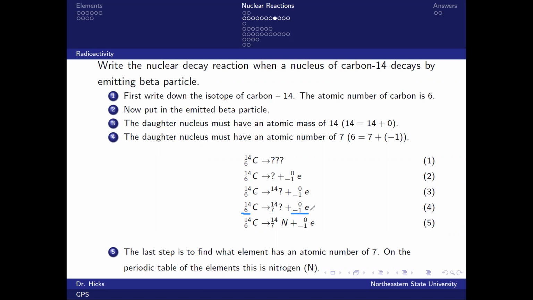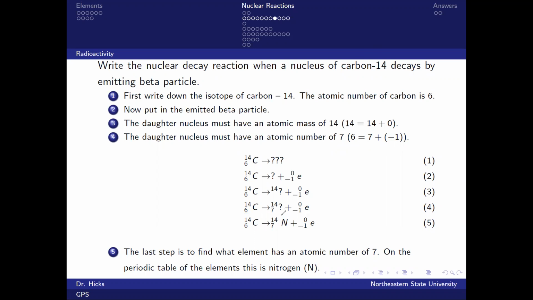So what do I have to add to the -1 to get 6? 7. This is kind of the weird step with the beta decay, that I have this -1 for the atomic number. But you work it the same way you do everything else. What do I add to the -1 to get 6? That's just doing this little bit of addition right here.